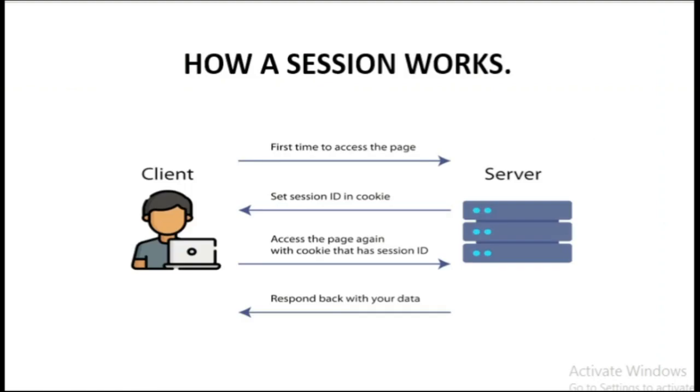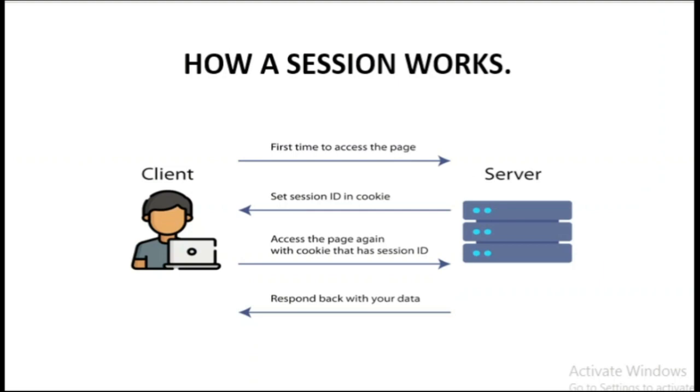So now let's take a look at how a session works. According to this diagram, whenever a client tries to access the page for the first time, the server will get that request and then pass it to the web container. After that, the web container will create a session ID for that request and then pass that ID with the response inside a cookie.